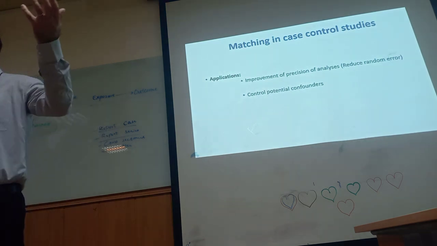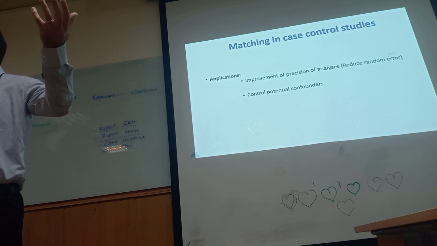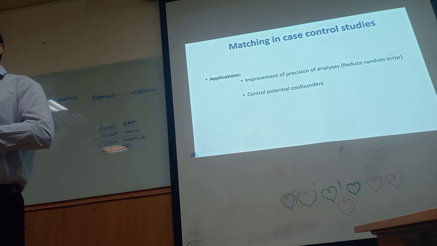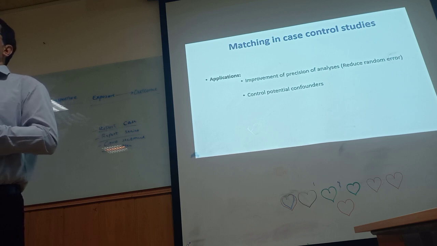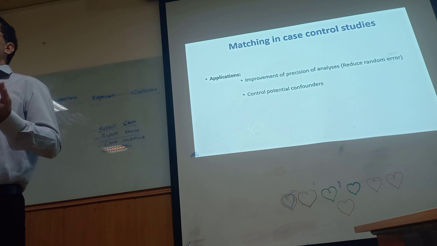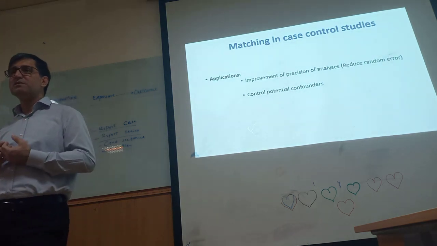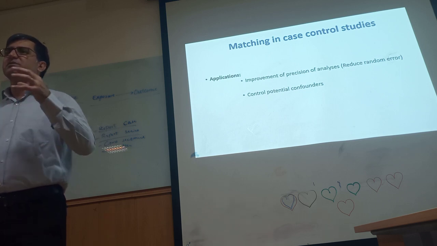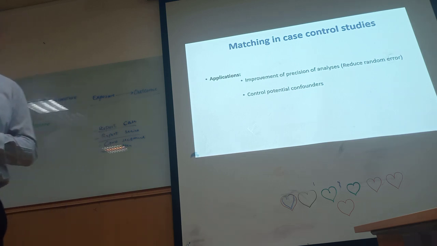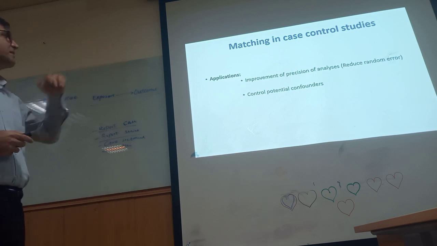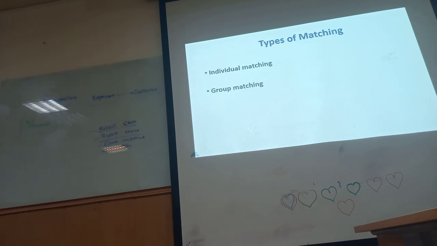For example, if the average age in cases is, let's say, 60 years old, the average age of controls is also 60 years old. So we can make sure that it is not age that confounds the association of interest. So we match cases and controls in terms of age.